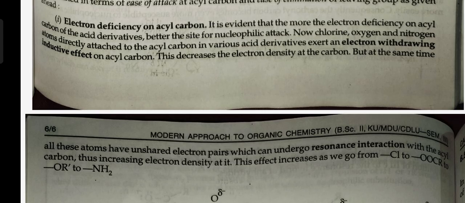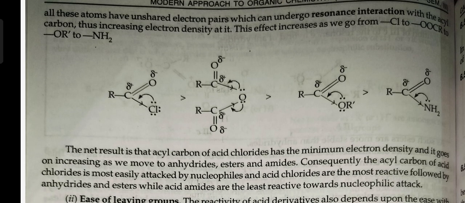This effect increases as we go from Cl to OCOR to OR' to NH2. The net result is that the acyl carbon of acid chloride has minimum electron density and it goes on increasing as we move to anhydride, ester, amide.